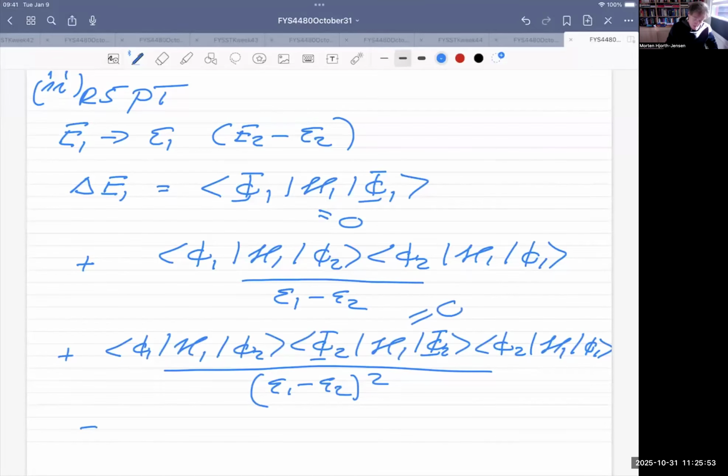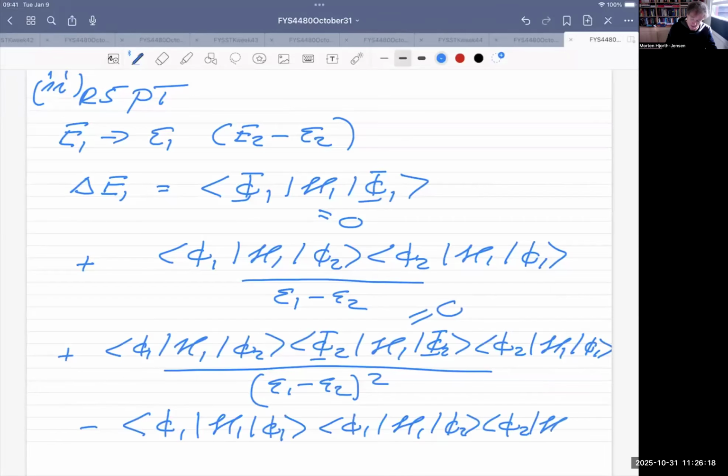But then we have a term which is given by phi 1, h of I, and then phi 1 here. But then I'm getting a term which looks like the second order perturbation theory term. So I have a phi 2, and then a phi 2 here, and then h of I, phi 1. And this is divided by epsilon 1 minus epsilon 2 squared. Now, this term here is equal to 0.